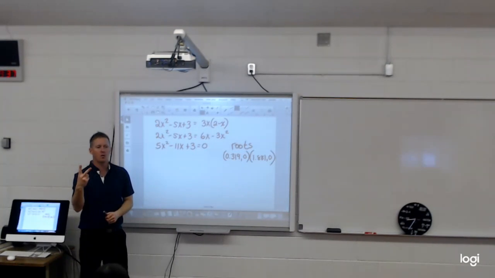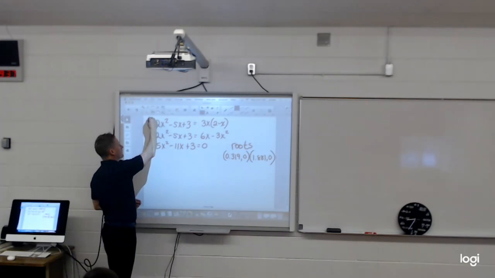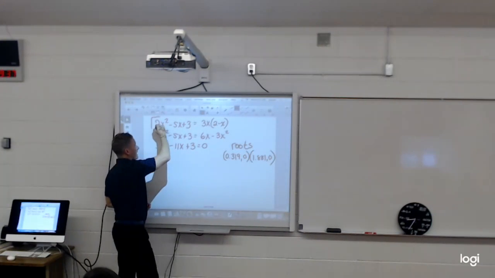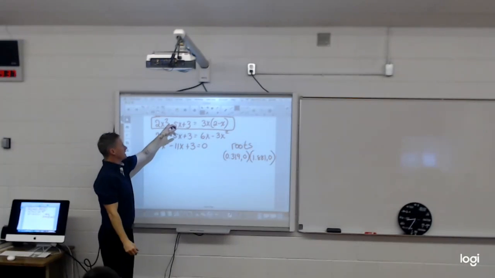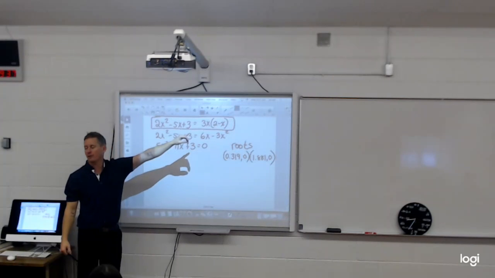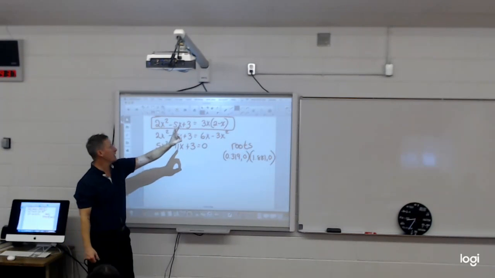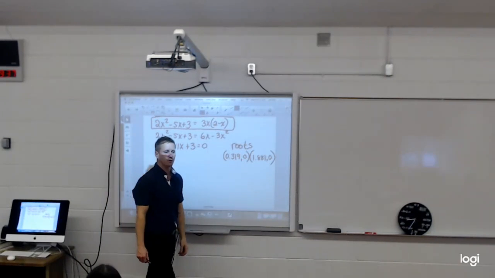because there's 2 coordinates. All right, now what I want you to do is graph this equation right here. Type it into your calculator as equation number 1: 2x squared minus 5x add 3. Equation number 2 is this side. So graph those two.